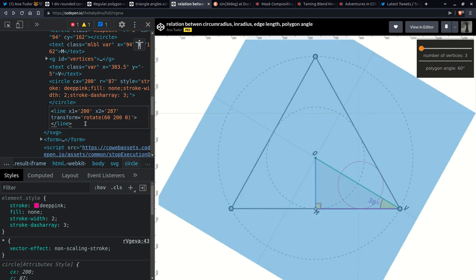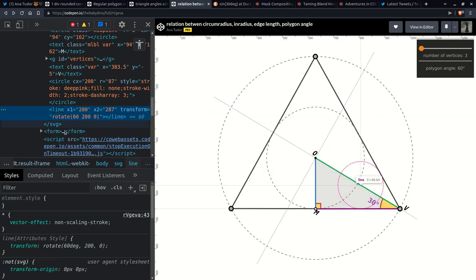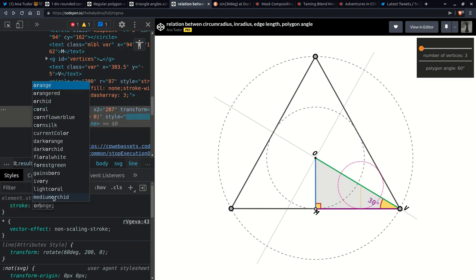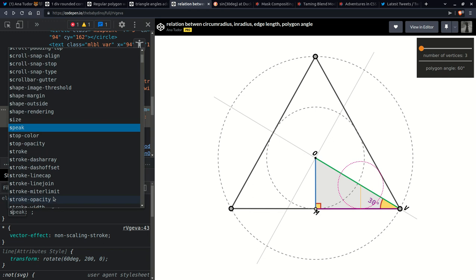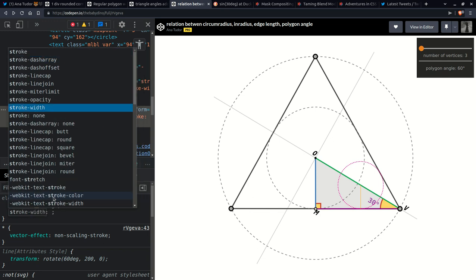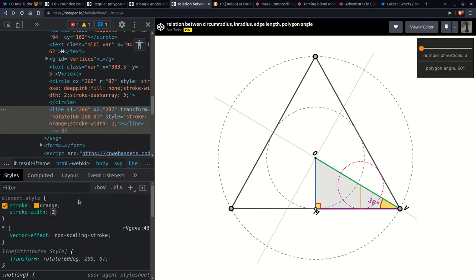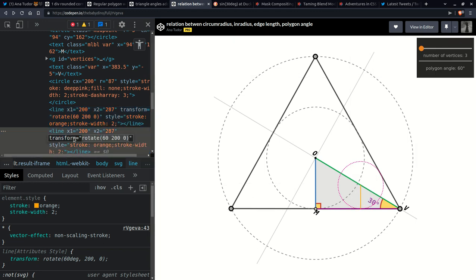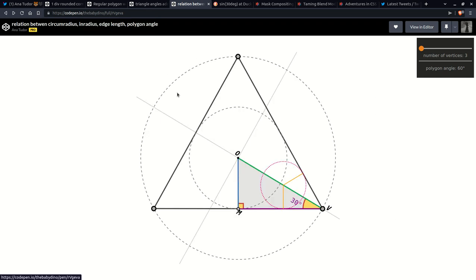So now we are going to have stroke orange, stroke width is going to be 2, and right. Okay, and I guess we could just clone this, and this is going to be rotated the other way, minus 60 degrees, right, is going to give us. Okay, let's just close this for now.